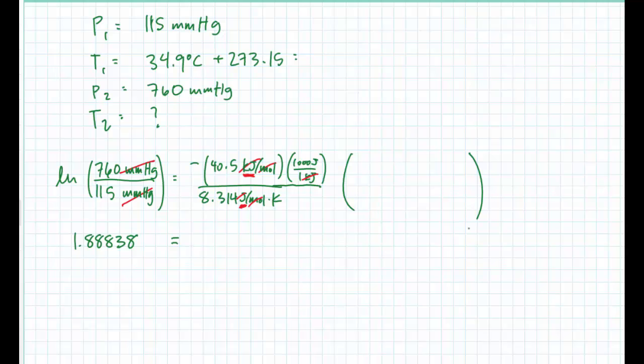Yeah, that is not what I got. Yep, that is what I got. Negative, right? I have 0.301 written down. And the joules cancel too.